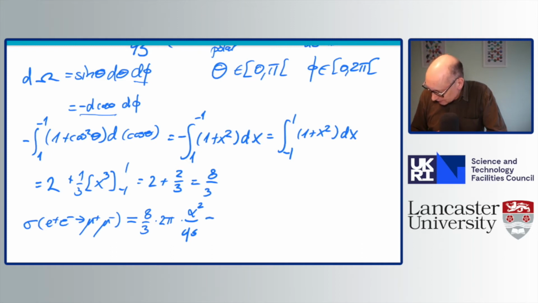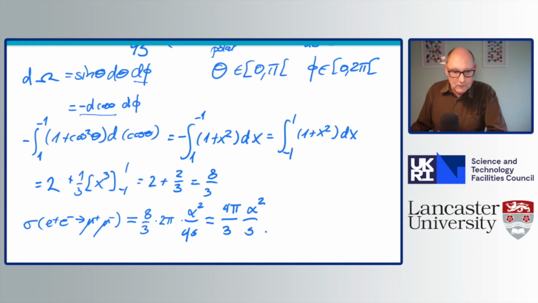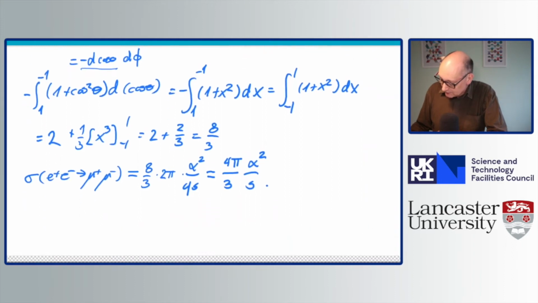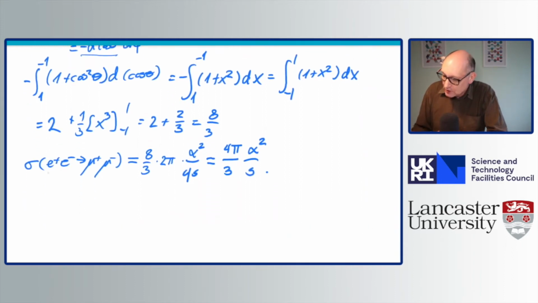So what we have here is 8 divided by 4 is 2, and there's an extra 2π that gives us 4π divided by 3, and then an α squared over s. That's really nice. We now have the total cross section for e+ e- to muon creation expressed as a function just of the center of mass energy.